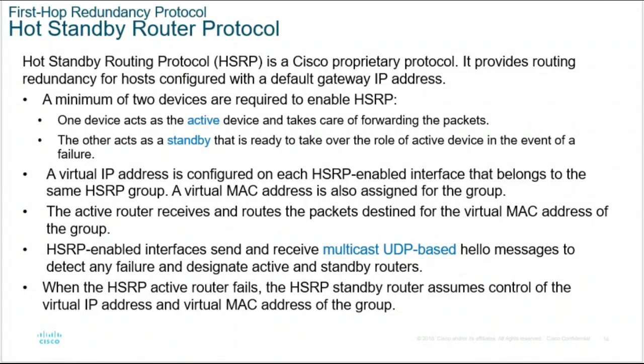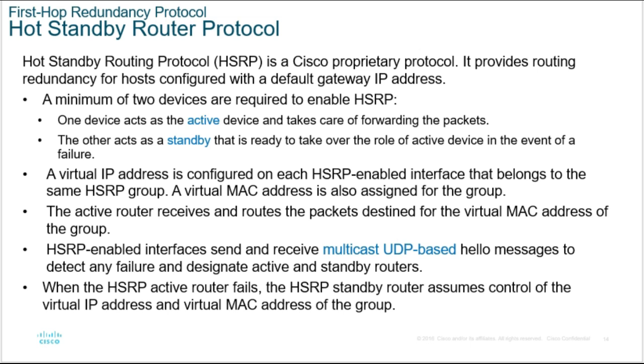Let's look at the first protocol in FHRP, which is HSRP or Hot Standby Router Protocol. HSRP is a Cisco proprietary protocol and provides routing redundancy for hosts configured with a default gateway IP address. In HSRP, a minimum of 2 devices are required.